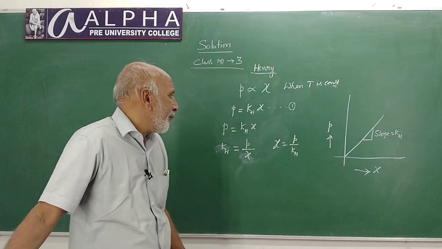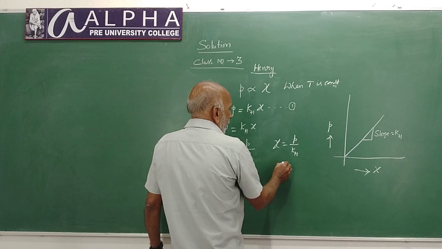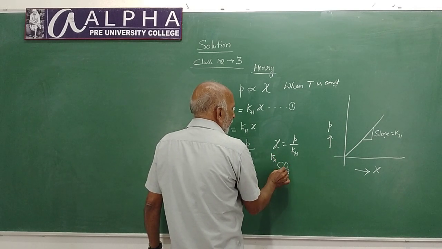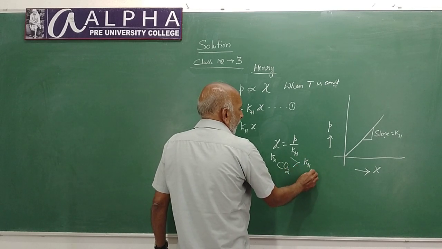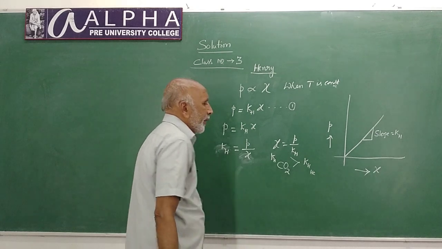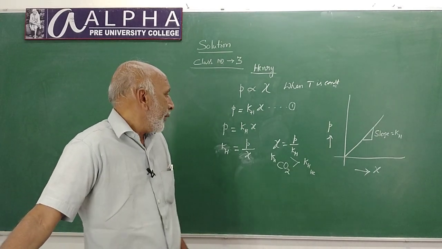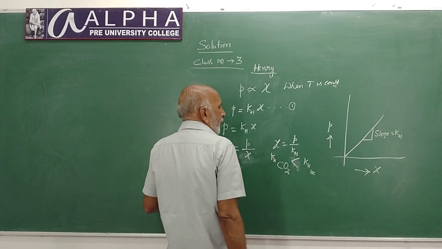You just see, consider the Henry's constant of carbon dioxide is lower than that of helium.